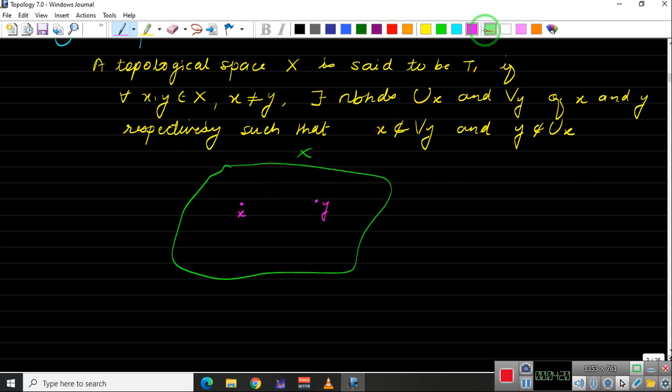So this is Ux and this is Vy. They may have intersection, Ux intersection Vy may be non-empty, but the guarantee should be that x should not be in Vy and y should not be in Ux. This should happen for all the points x and y in X, then we say the space is a T1 space. This is about T1 space.